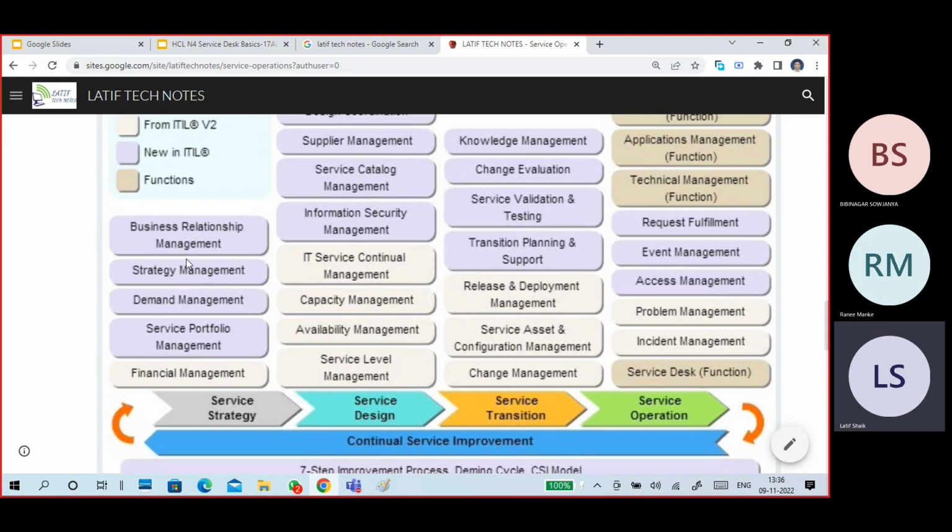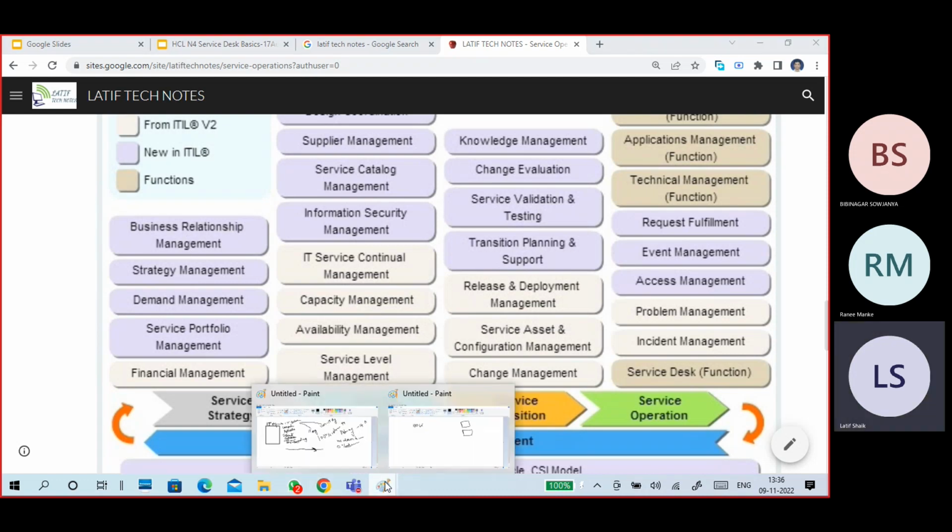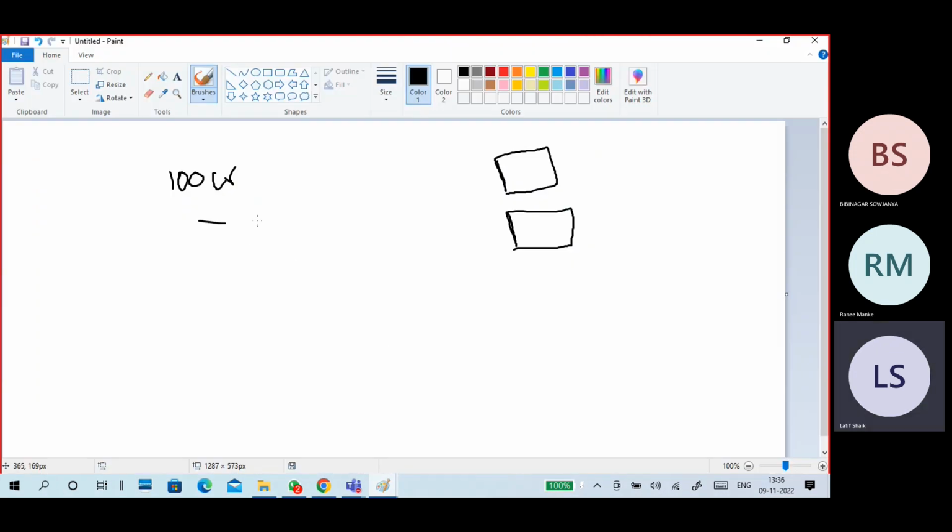Business relationship management. Guys, we have to provide a service. We are providing a service to the customer. But sometimes the customer is not getting a proper service.